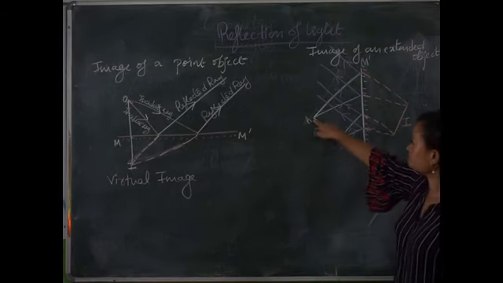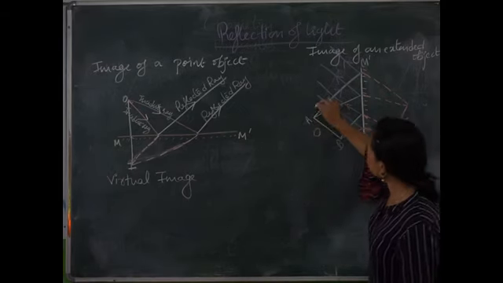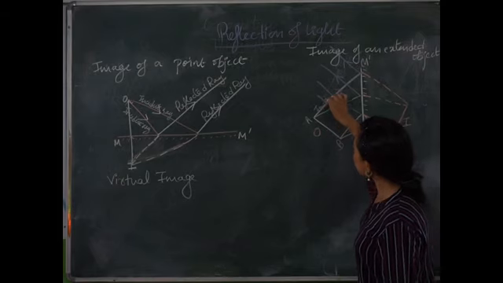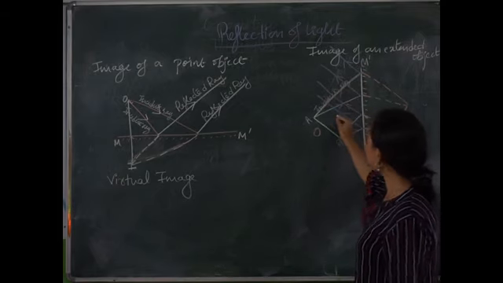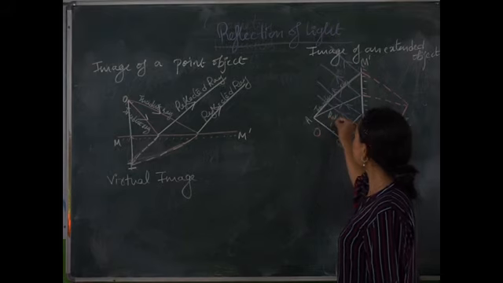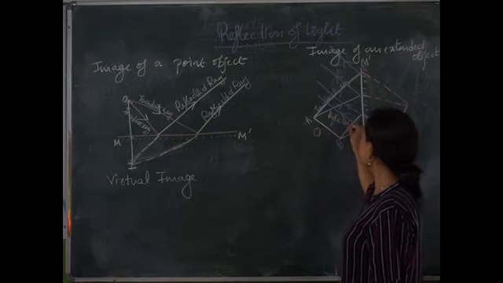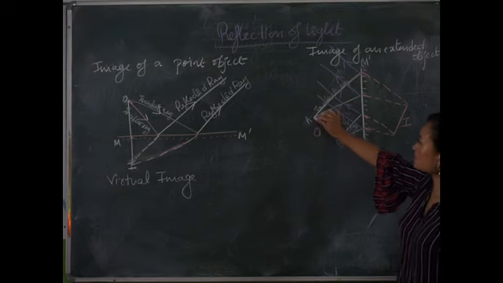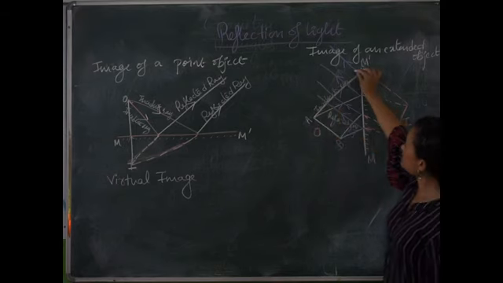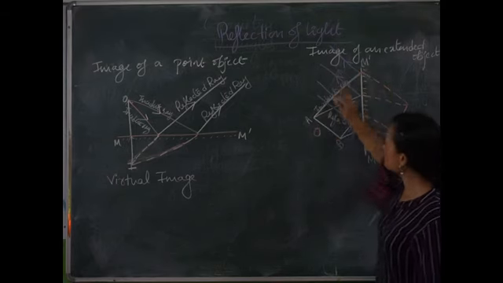The white line here represents your incident ray. The purple line represents your reflected ray. So the rays fall from the point A and then get reflected back.